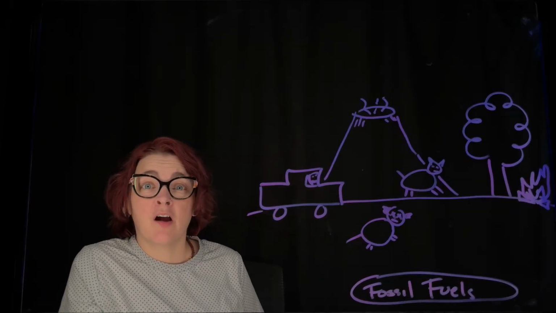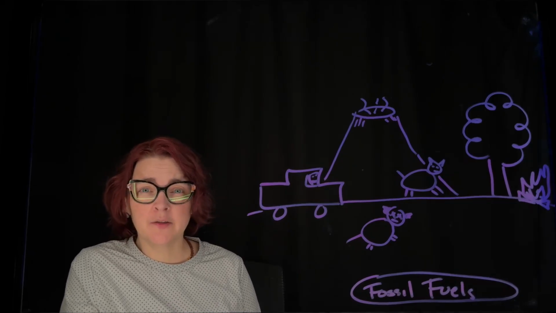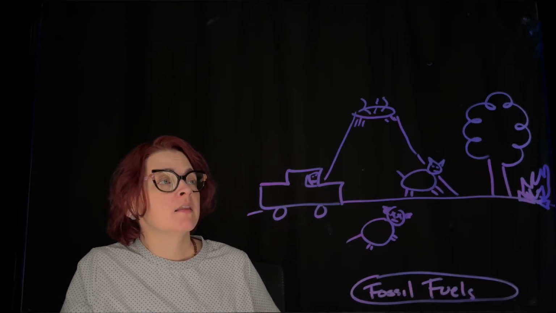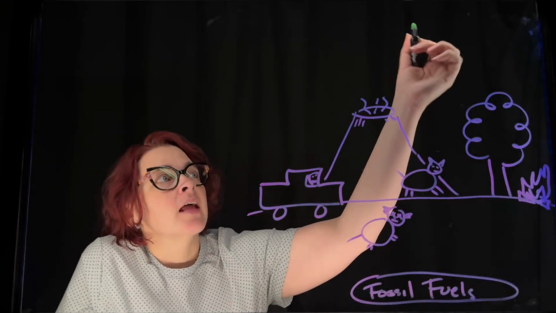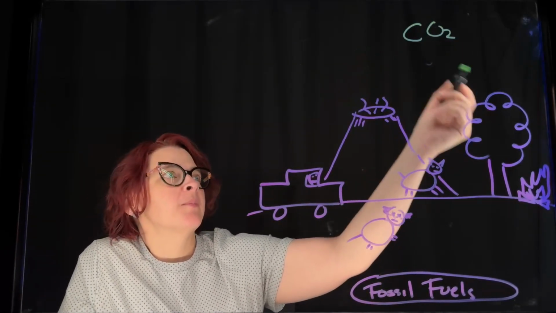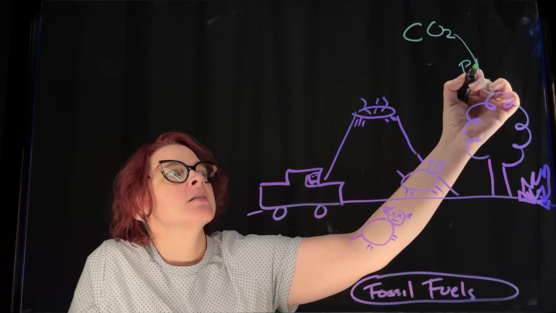And now let's take a look at the carbon cycle. With the carbon cycle, the main reactions that happen in nature is that there's naturally carbon dioxide in the air. We also put more up there, but trees will take in carbon dioxide through photosynthesis.